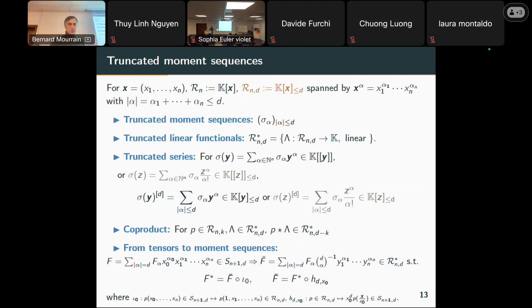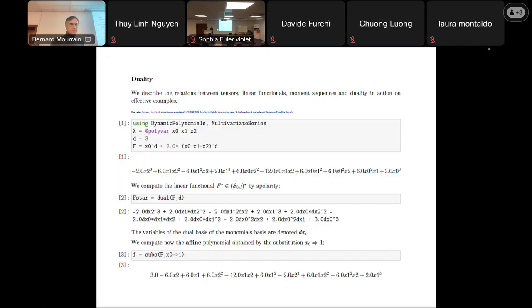Okay, so using this, we are in fact dealing with the same objects: tensors, sequences, linear functionals, formal power series.